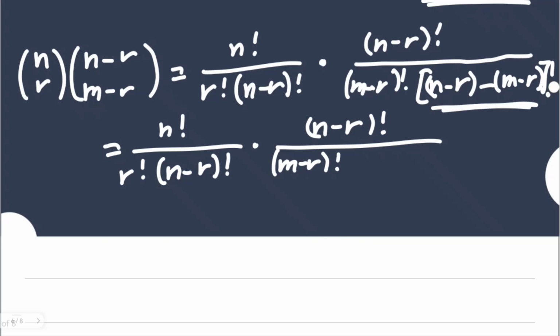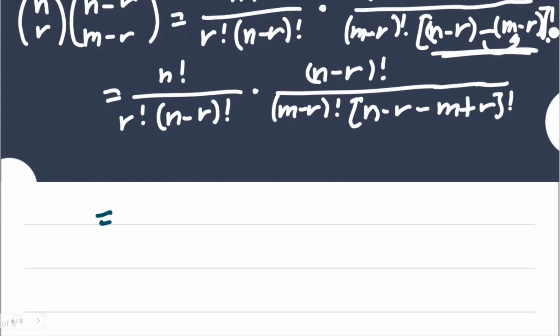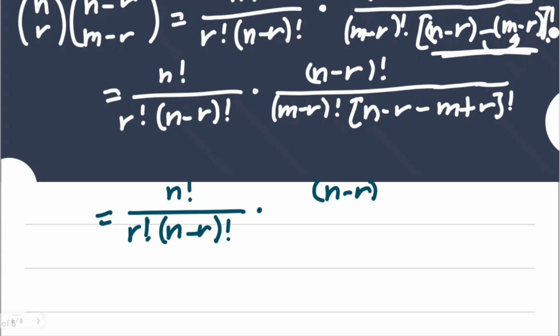Then since you have minus r plus r, that's 0, what remains would be n minus m factorial.